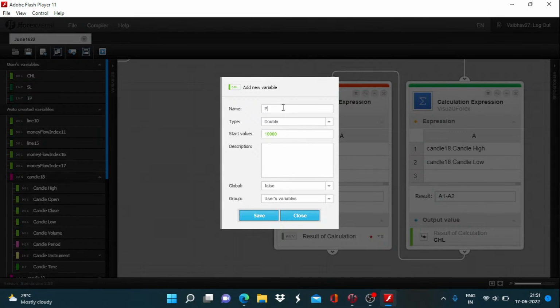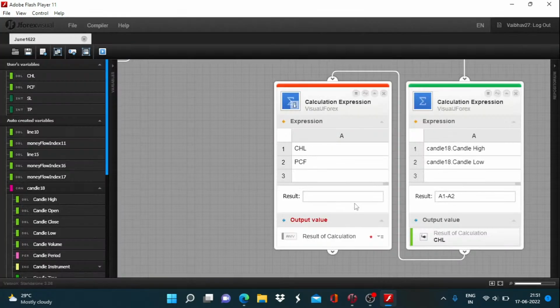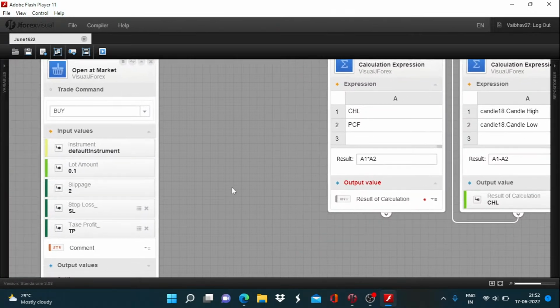Okay. It is going to be A1 into A2, and this will be our stop loss.